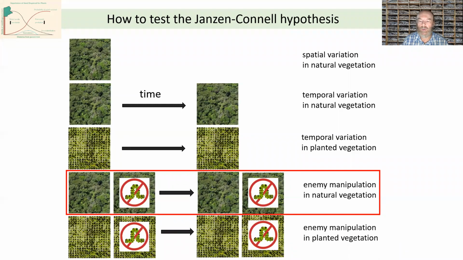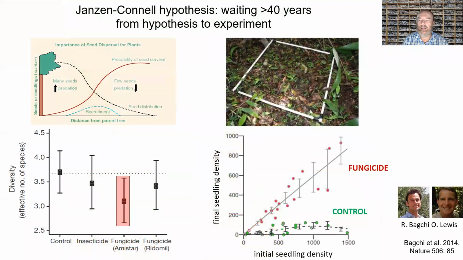So we are getting to enemy manipulation in natural vegetation, and that has been done by Robert Bagchi and Owen Lewis at Oxford a few years ago, where they were using insecticides and fungicides to spray seedling communities in the forest, and found that one type of fungicide was indeed effective. With fungicide, the diversity declined, so that means that fungi should have diversifying effect on vegetation.